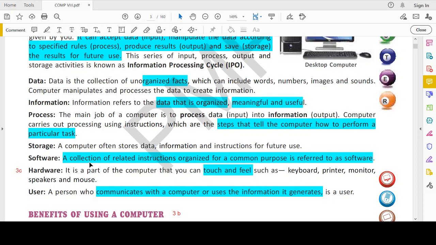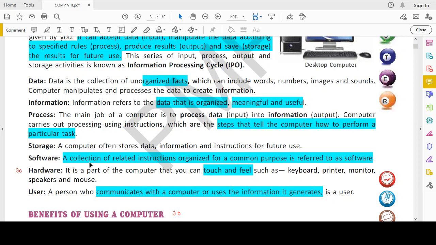So softwares help you to do the work, help you to process, help you to send your data and instructions to the processor, and then generate the output. It gives you an interface to work upon, right?